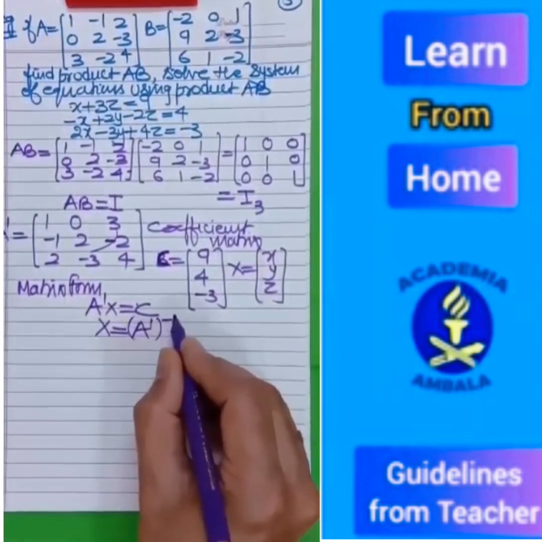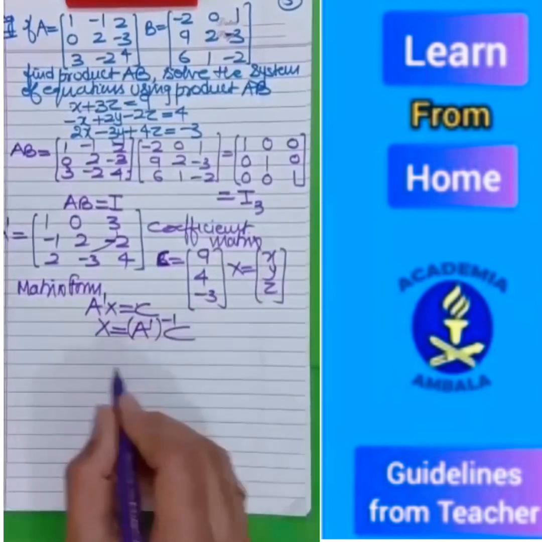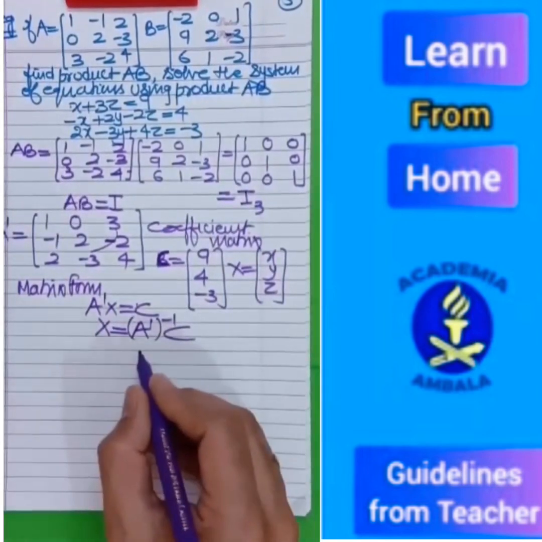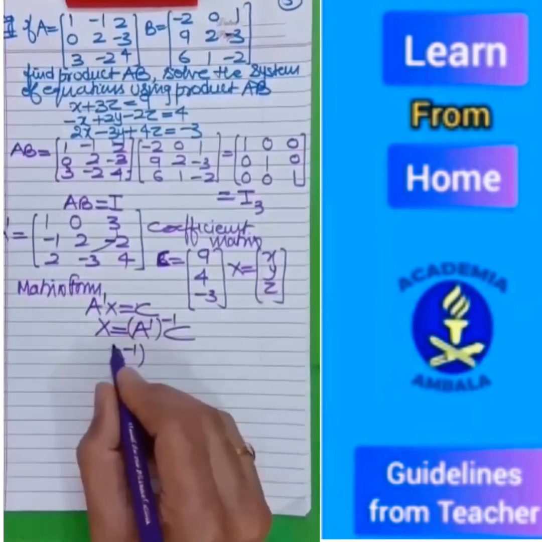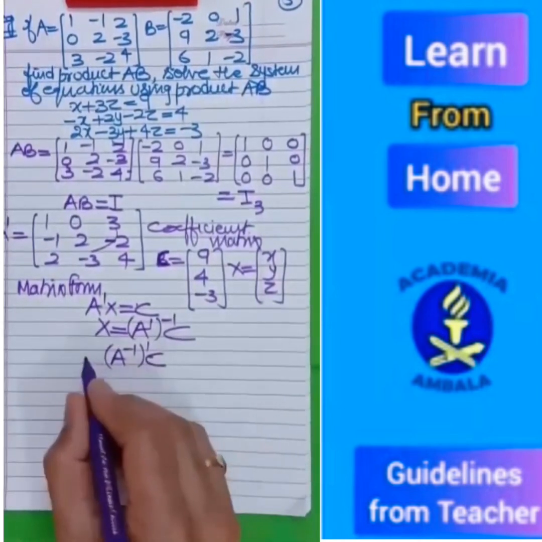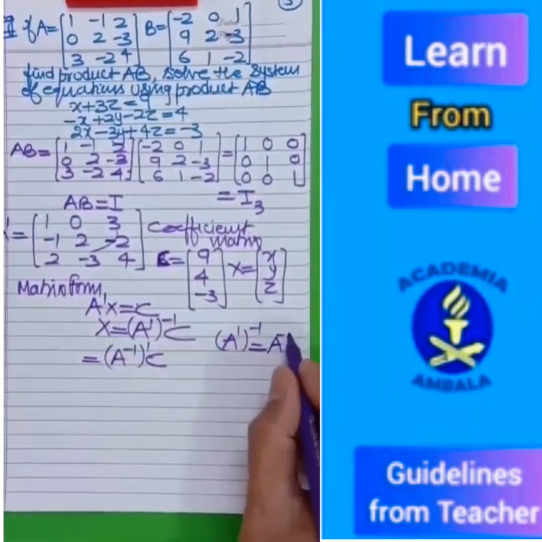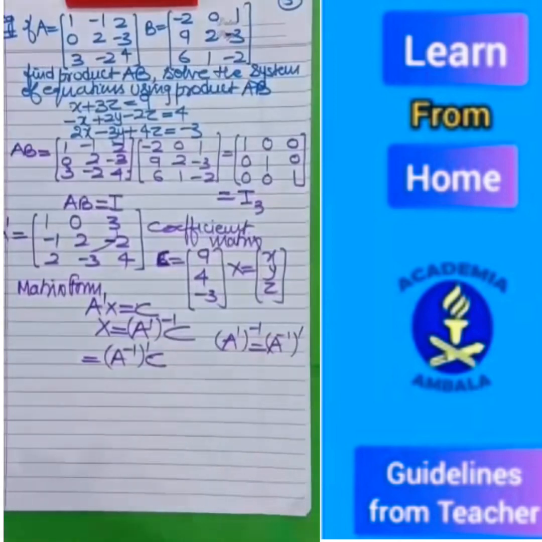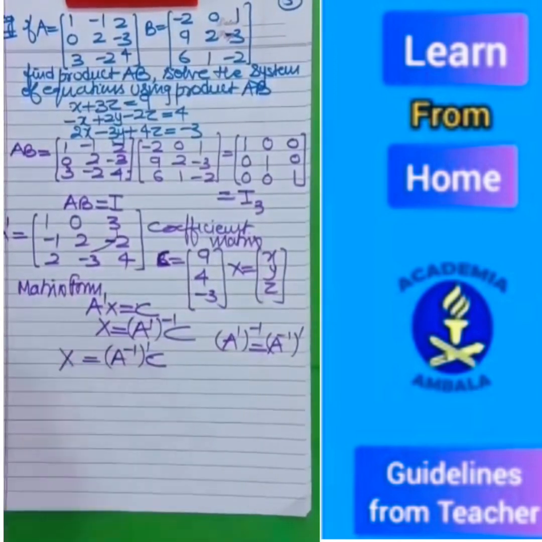We will pre-multiply by A dash inverse on both sides. We will get X is equal to this. Now we have to find A inverse in this case, because we know that A dash inverse is the same as A inverse dash. In this way we can find X from here.